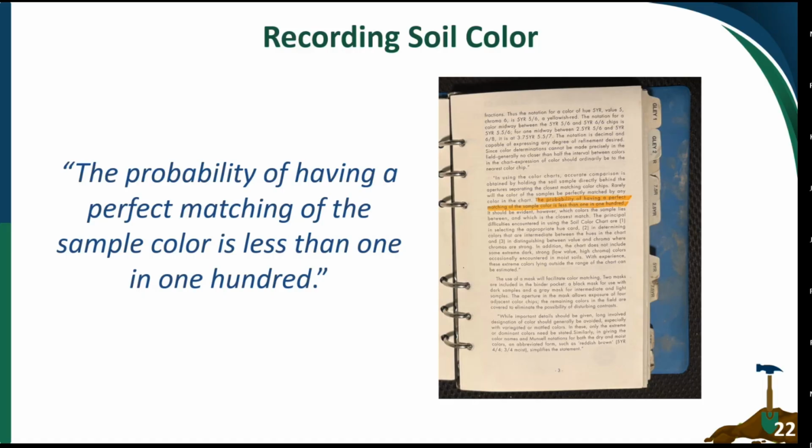The field indicators for hydric soils recognize this challenge in determining color in the field, and they provide guidance on how to record colors that don't have an exact match for the purpose of using the indicators, because the precision of color is paramount in making many of the indicator decisions.